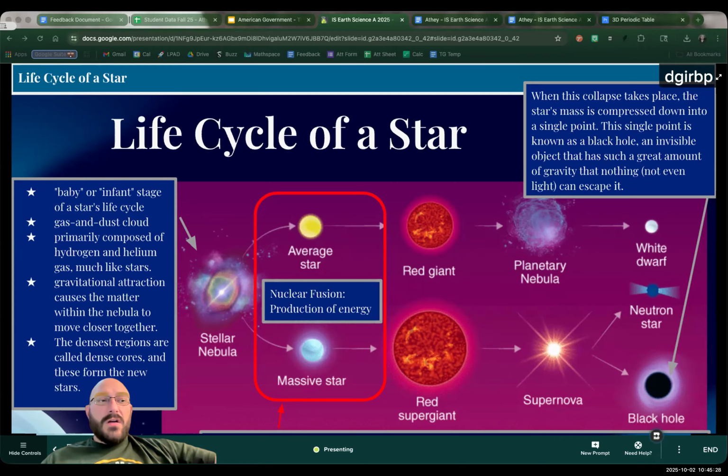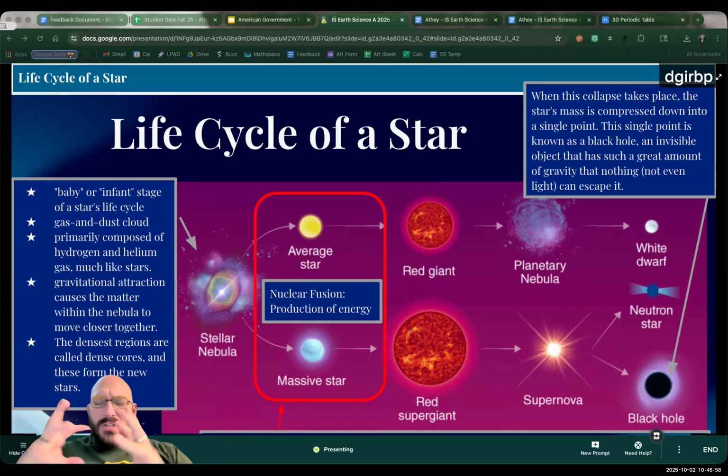Life cycle of a star is pretty plain. It's vocabulary, really, guys. But ultimately, what's happening is mass is grouping up, pulling stuff together until it starts smashing together or fusing atoms.